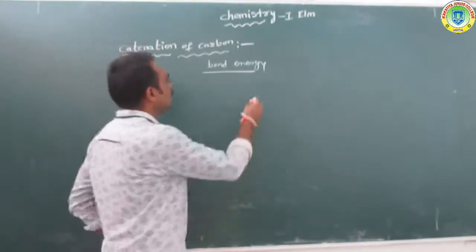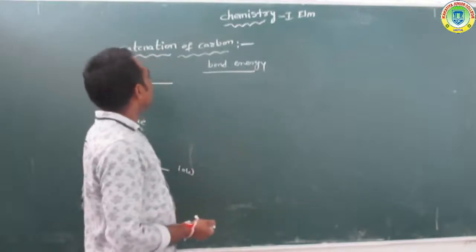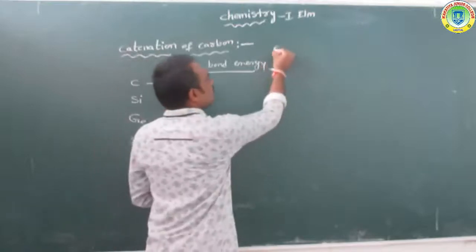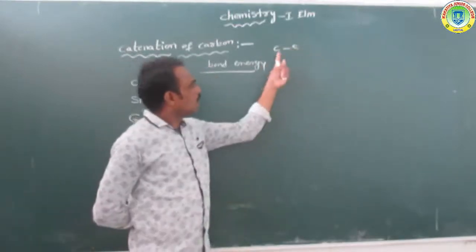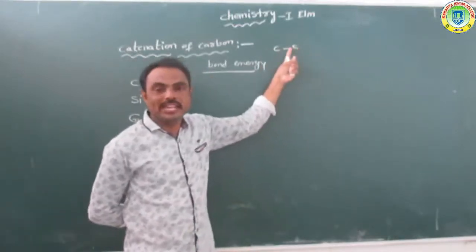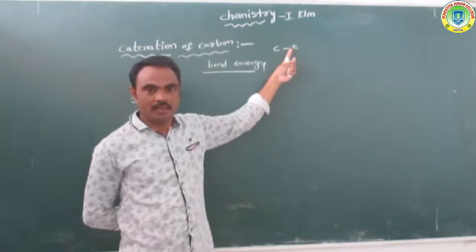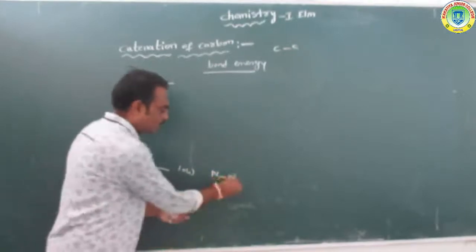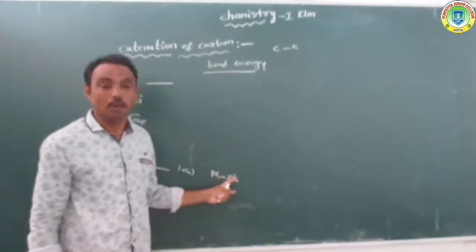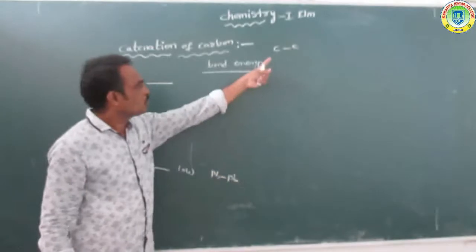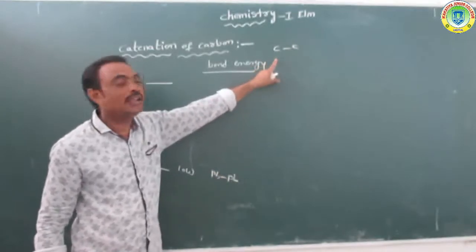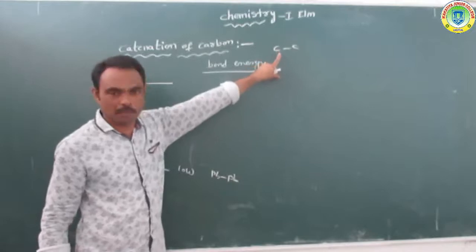Suppose for example, we take carbon bond carbon. The bond energy is very high, but between lead and lead, the bond energy is very low. So which element has very high bond energy? Carbon.